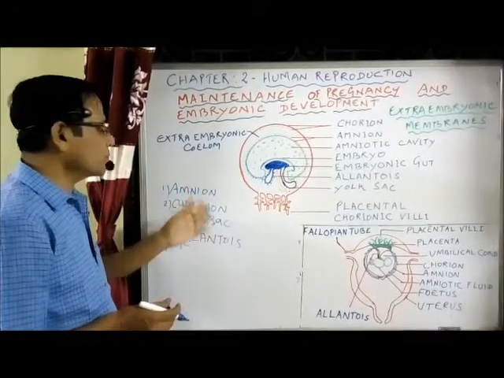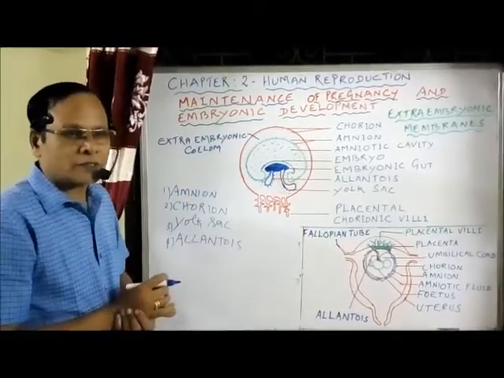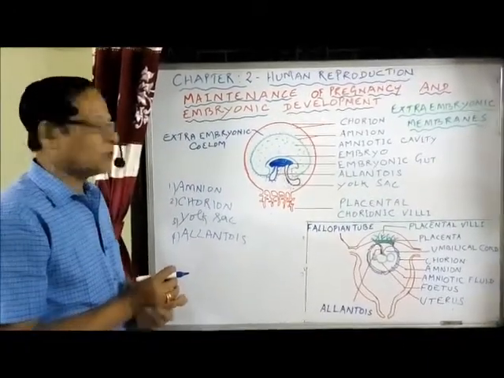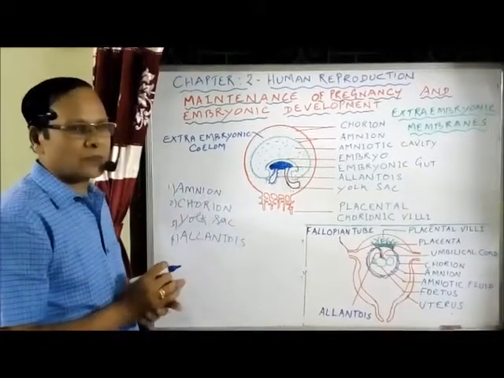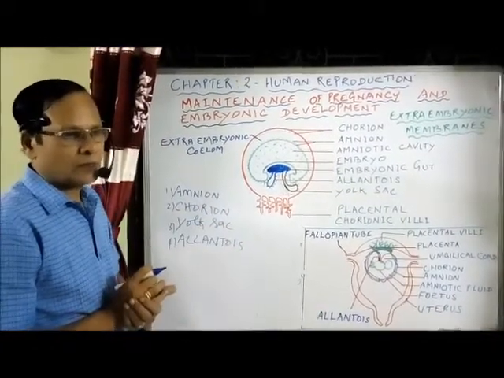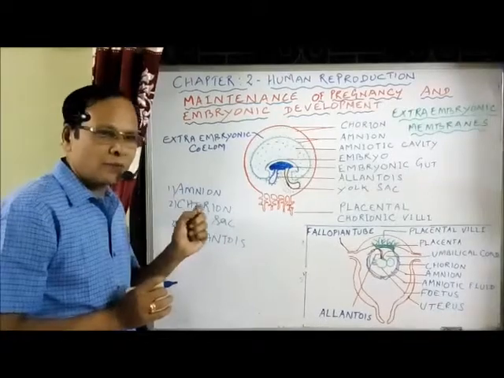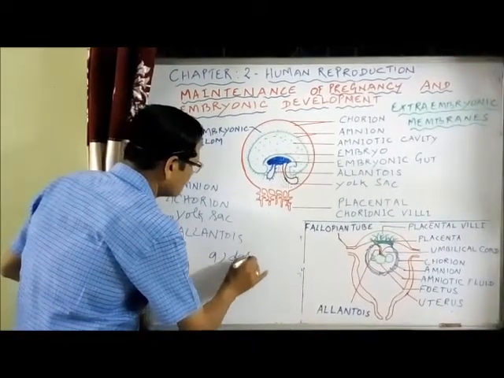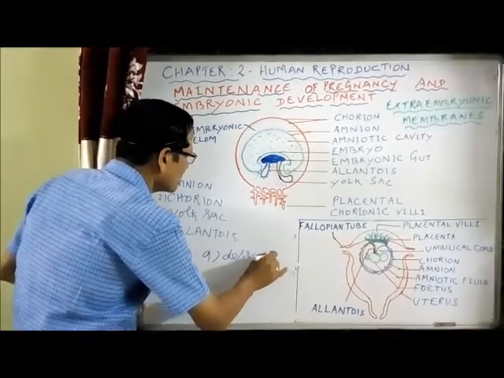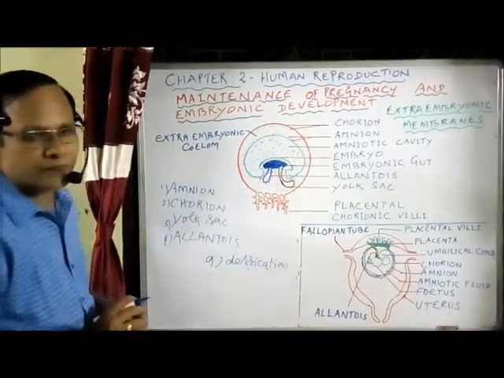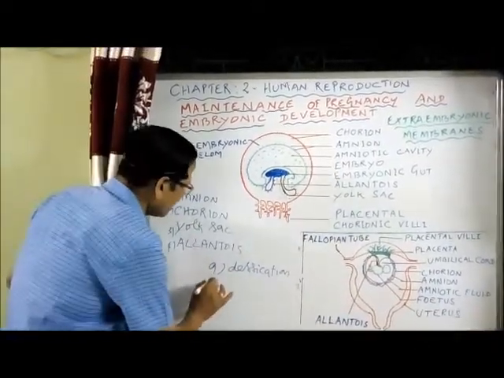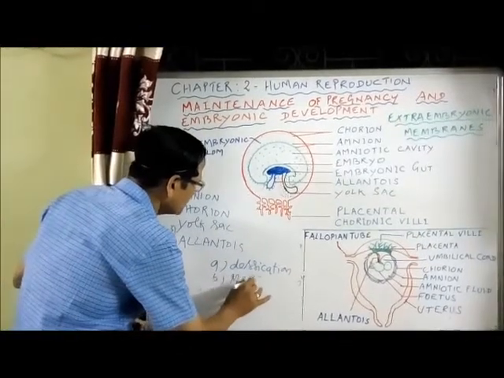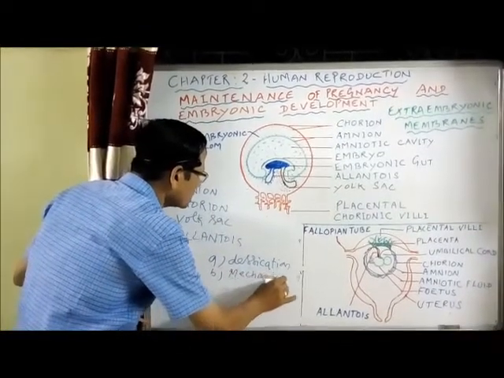Now all these membranes are responsible for certain functions. What are the functions performed by the extra-embryonic membranes generally? They protect the embryo from desiccation. Number 1, desiccation, meaning protect the embryo from dryness. Number 2, mechanical shock.